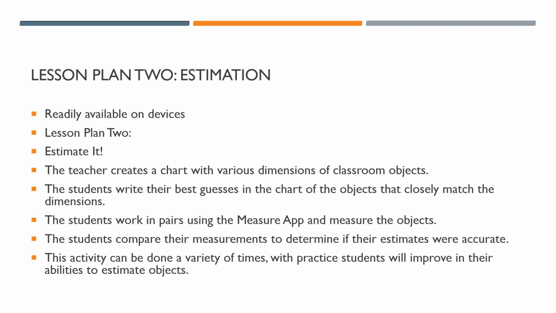Then the students work in pairs using the Measure app and measure the various objects. The students compare the measurements to determine if their estimates were accurate. This activity can be done a variety of times, and each time the students practice estimating, they'll get better at it and improve their skills and their ability to estimate objects.